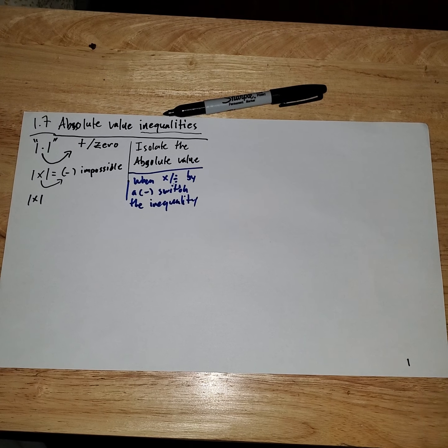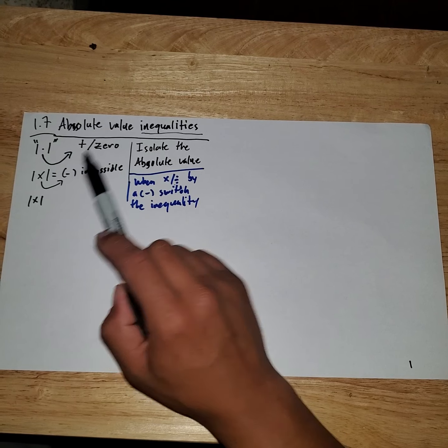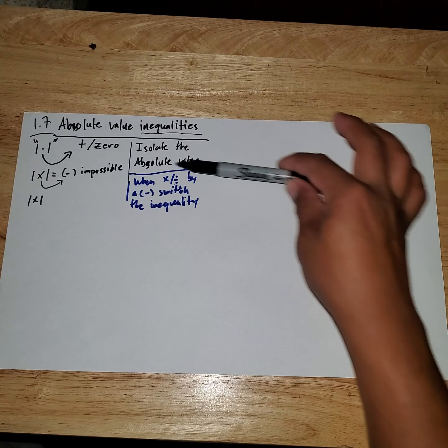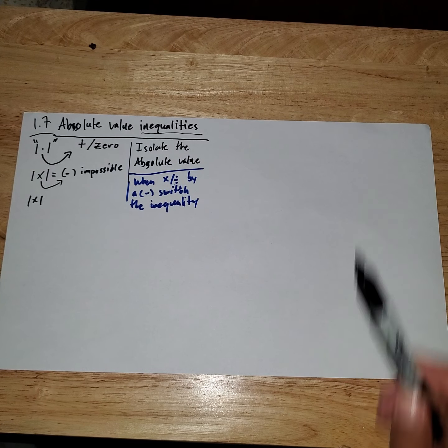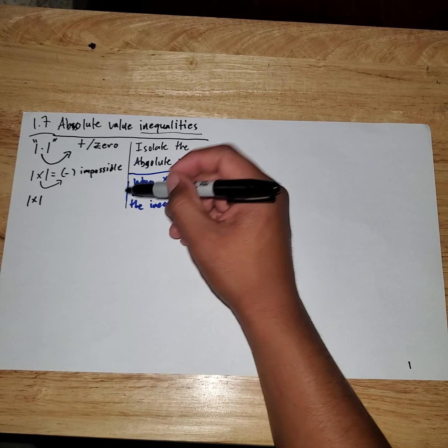So hopefully remember that. But we're still going to do these two things, isolate the absolute value, but you just have to be careful. If you're going to be multiplying or dividing by negative, you're going to have to switch the inequality.